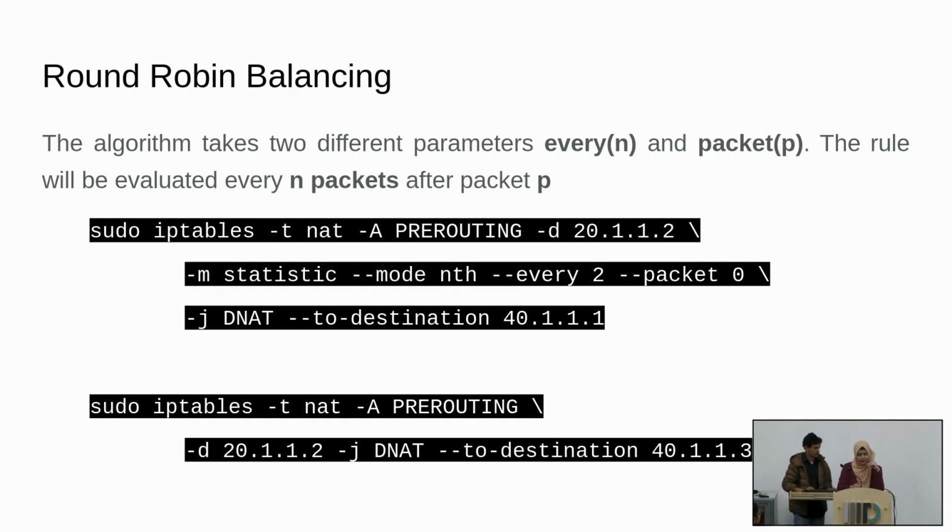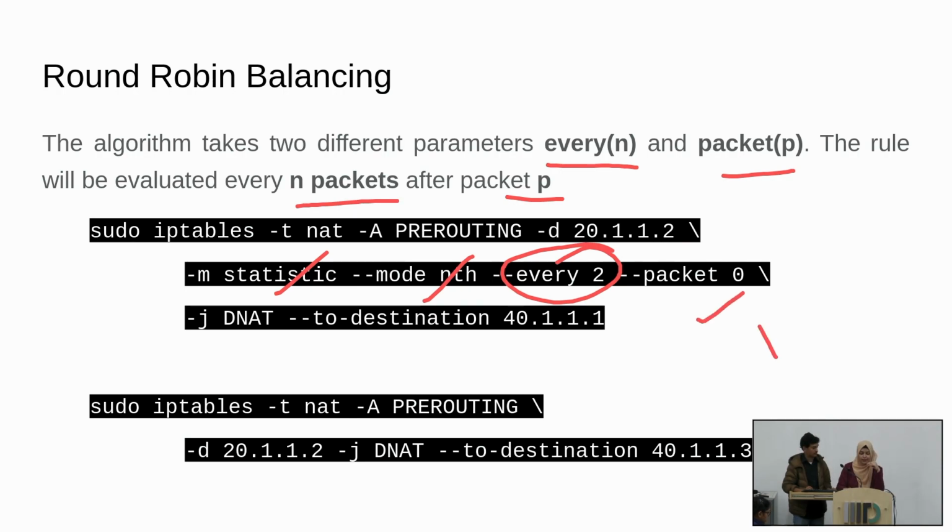The second one is the round robin mode. Again, the module is statistic, and the mode is now nth, the round robin mode. For every n packets starting from packet number p, the rule will be evaluated for every n packets after p. Here we are trying for every second packet, starting from packet number 0.